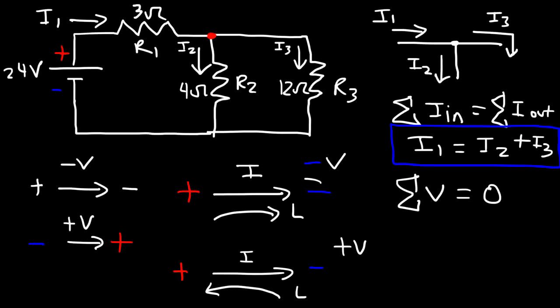If you're going towards a lower potential, that's associated with a voltage drop. That makes sense. If you're traveling towards a negative sign, that should be associated with a voltage drop. If you're traveling towards a positive sign, that should be associated with a positive voltage or voltage lift.